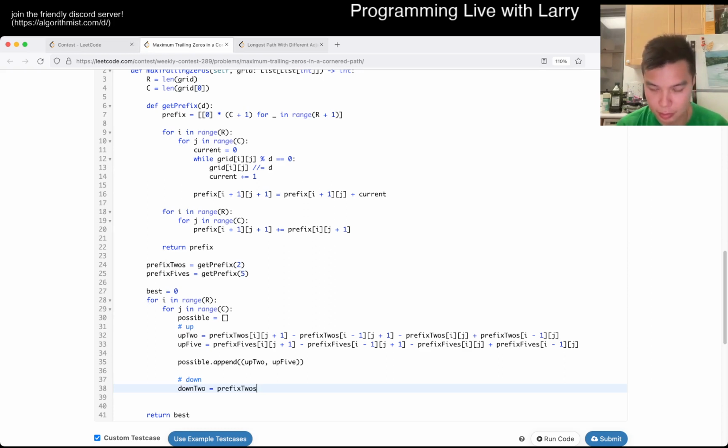Let's see. Right, so now this one is going to be R. This is so error prone, don't recommend it.